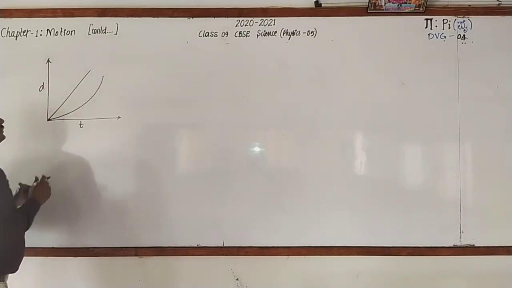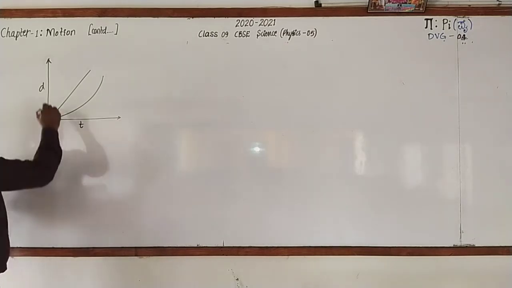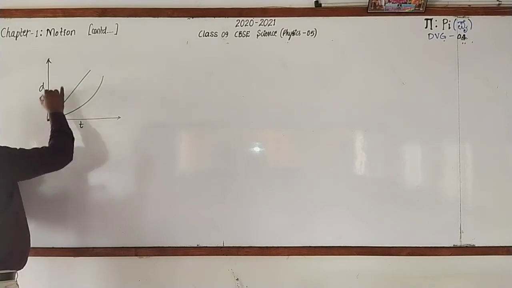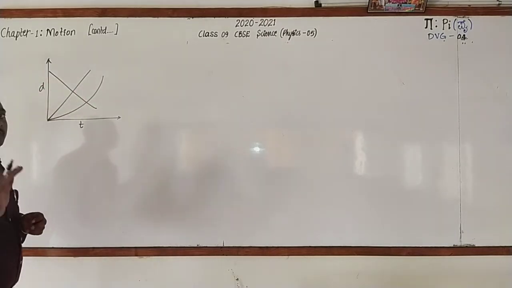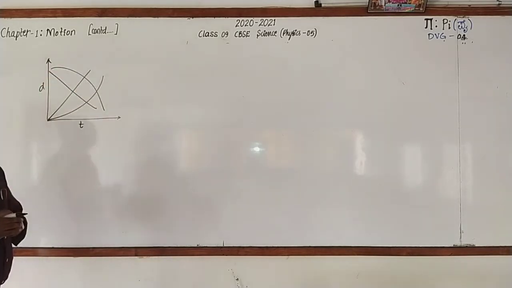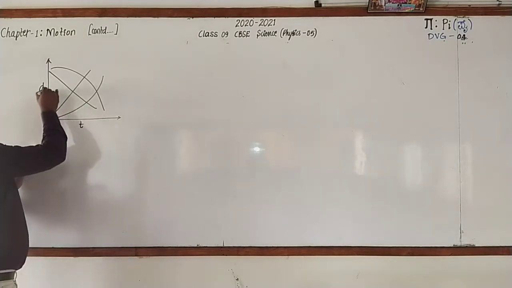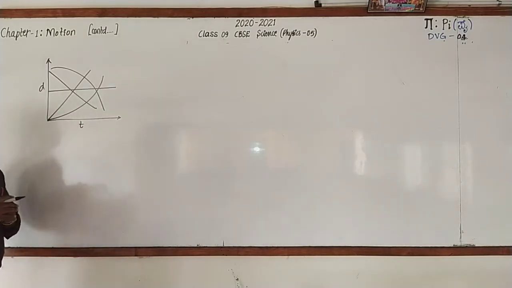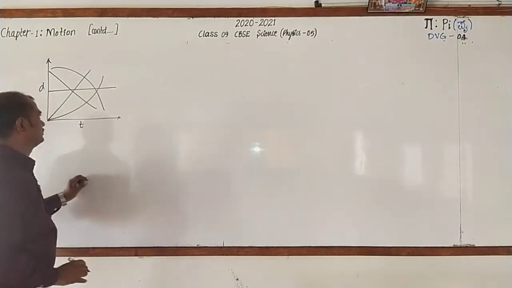And this is non-uniform motion or non-uniform velocity. And this is uniform negative velocity. This is non-uniform negative velocity. Then I go for drawing a straight line. Then what does it represent? It represents the body at rest.